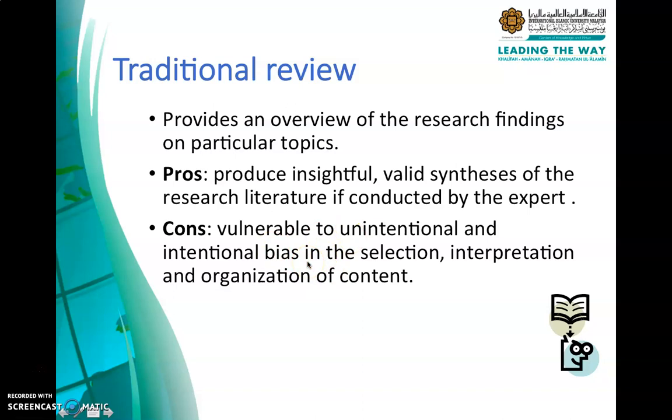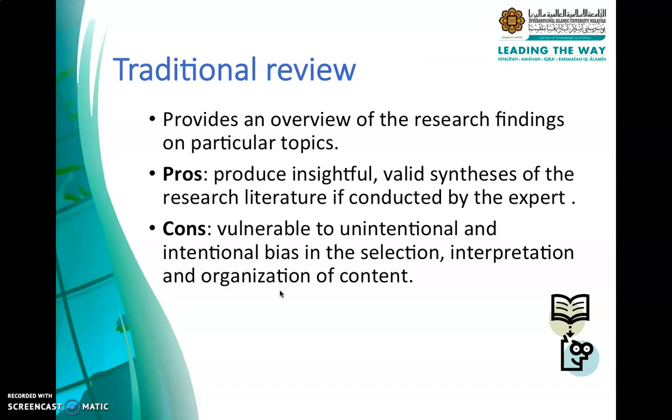Because when we do a review using this method, normally we are selecting the papers or studies just based on our interests. So there is a bias there, because sometimes we tend to select studies that are of our interest. But there are of course other studies that may be relevant, and sometimes the authors purposely do not include those studies.